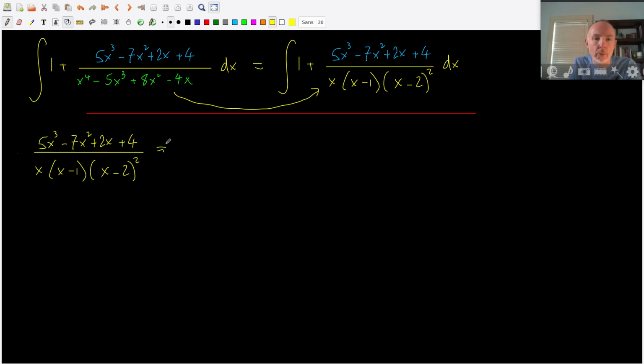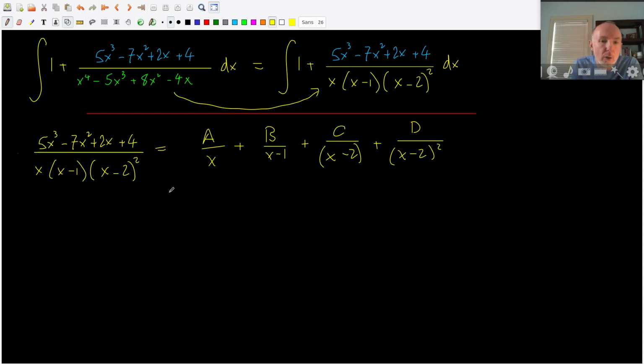We want to write that as a partial fraction. And just looking at this form immediately tells us that we should use a over x, b over x minus 1, and c over x minus 2. But that term was squared, so there's going to be a d over x minus 2 all squared. Okay?